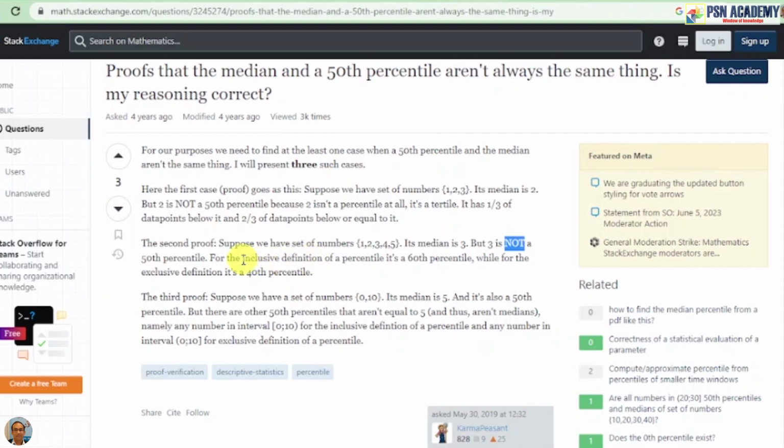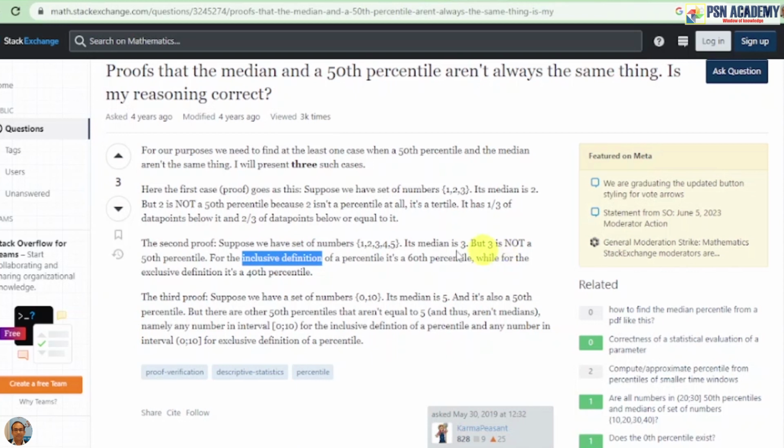You see, for the inclusive definition of a percentile, that means if you include this 3, then the percentile you will get is 60th percentile, because if you include 3, then 3, 2, 1. That means there are 3 numbers out of 5 numbers, and if you convert it to percentage, then you will get 60%, right? That is why he is telling that 60th percentile is the position of this 3 if you include 3. That means if you follow the inclusive definition, right?